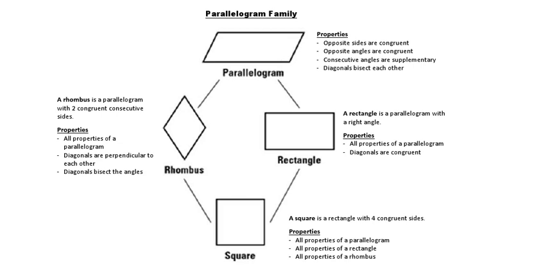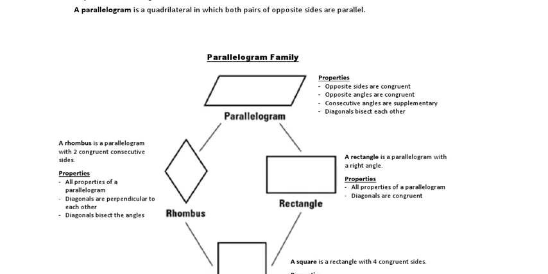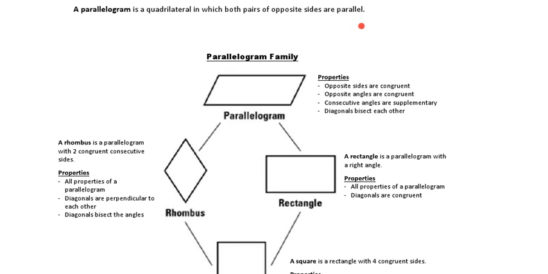Therefore, the definition that I have here applies to all of them because all these figures are coming from the parallelogram. All of them are parallelograms, and therefore they have both pairs of opposite sides that are parallel.